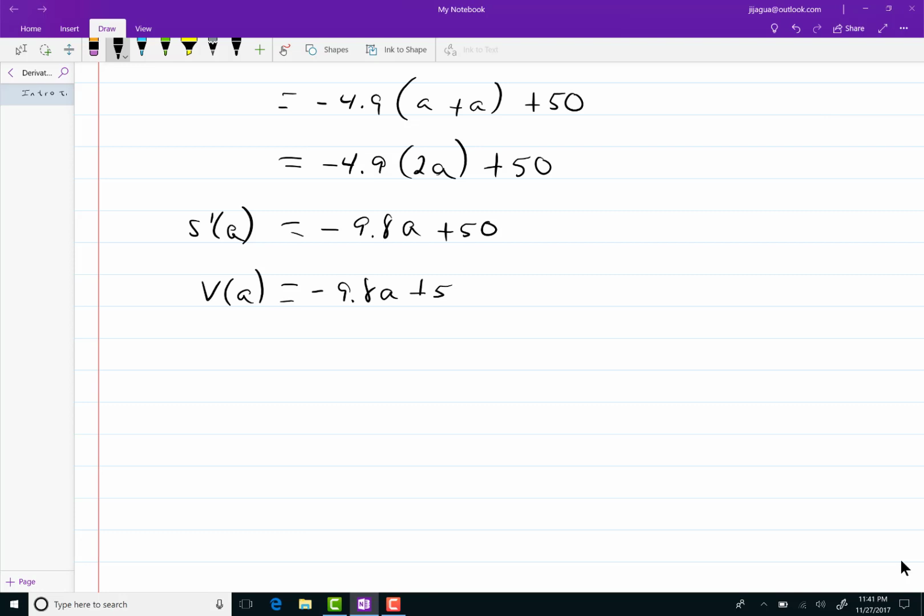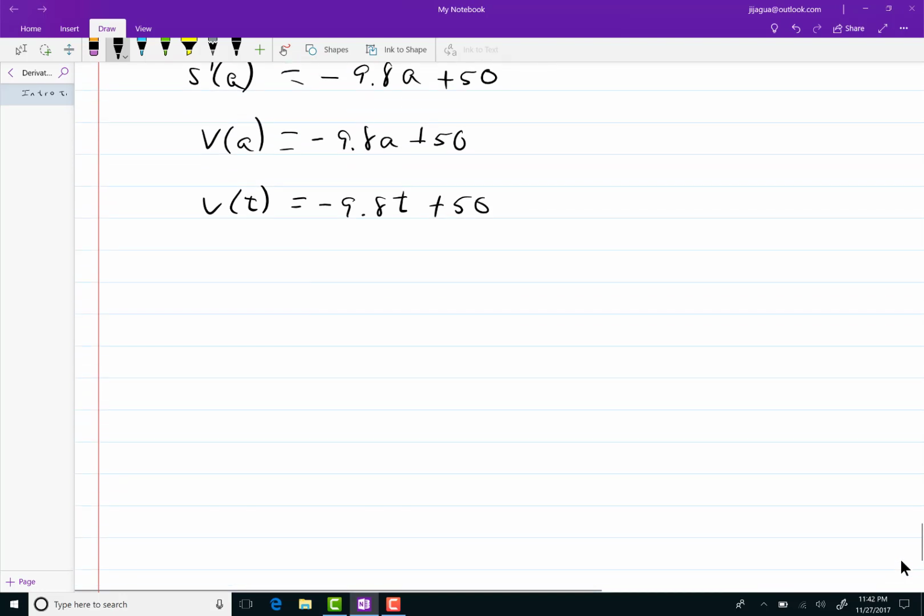Or what's even better is that a is annoying because it's not a variable that I'm using throughout the problem. T is the variable. So instead, I'm just going to replace a with t and write v of t equals negative 9.8t plus 50. You can use whatever letter you want. I just prefer t because it does mean time.